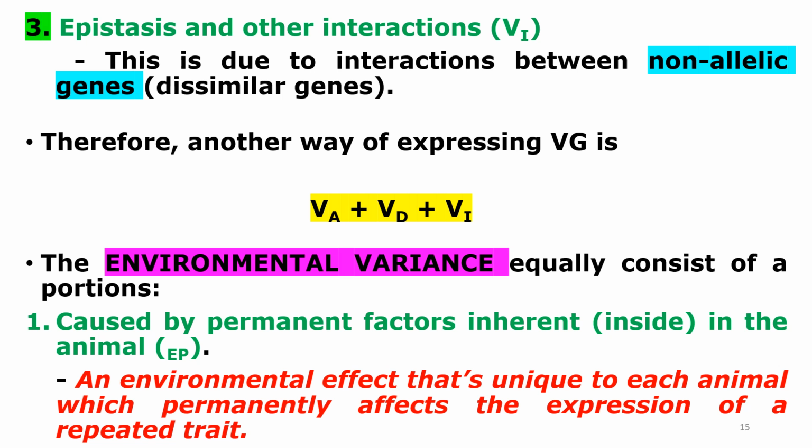Now, the environmental variance is also very important and actually consists of permanent factors that are inherent or inside of the animal, and this is presented by EP. This permanent factor is the environmental effect that is unique to each animal, which permanently affects the expression of a repeated trait.